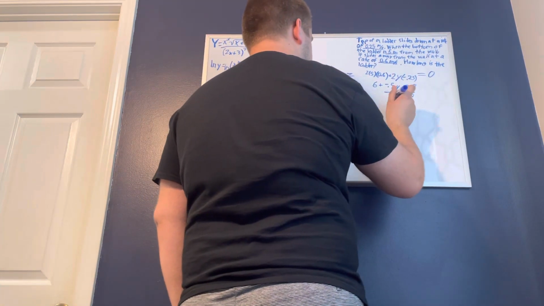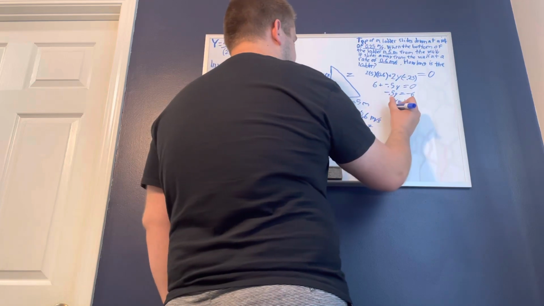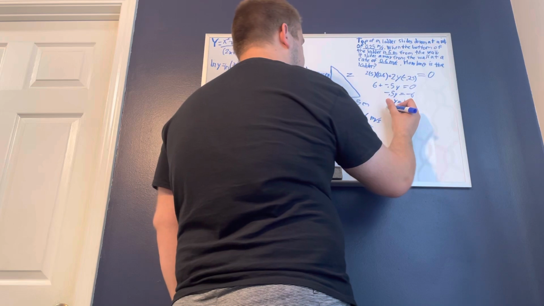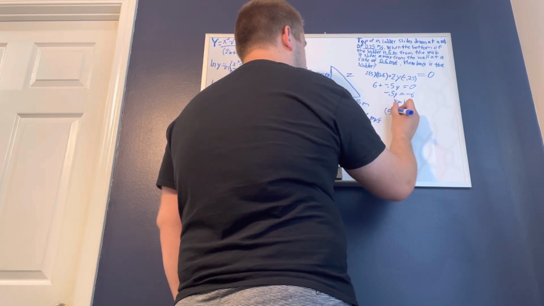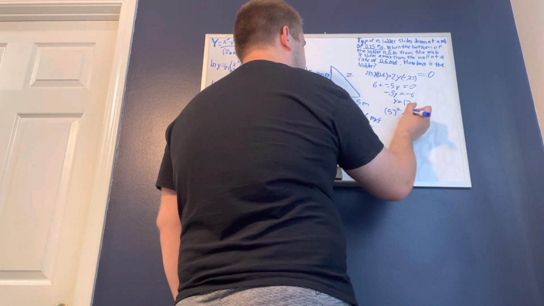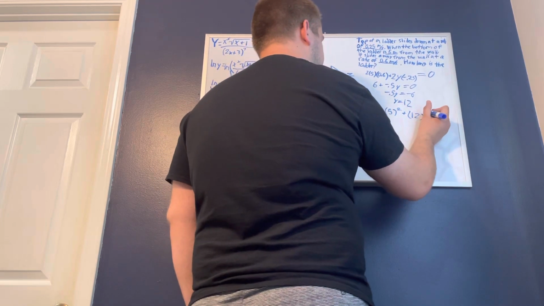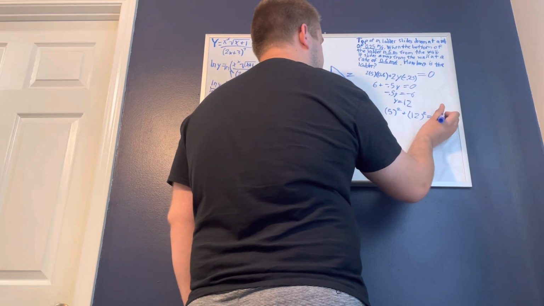Now we have x and y, we can apply them into the original equation in order to find the value of z. So 5 squared plus 12 squared equals z squared.